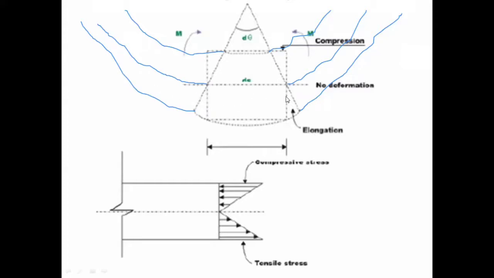So this is the basic simple theory. And again, in the diagram below, this dotted line is the neutral axis. Above this there are compressive stresses, and below the neutral axis there are tensile stresses.